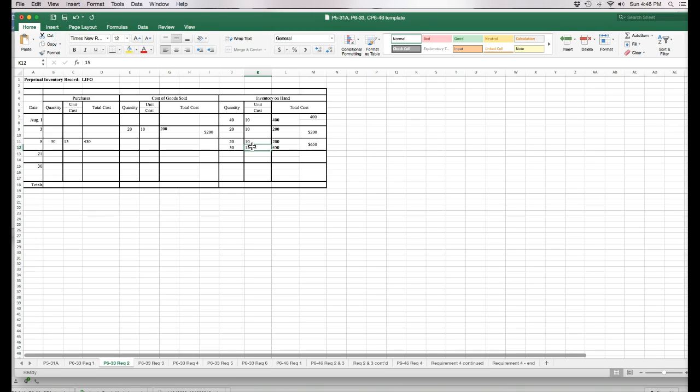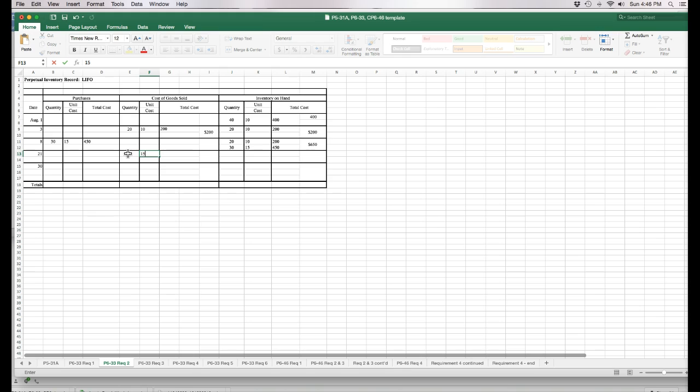But in this case, we're taking what came in last and selling those first. So we're selling 40 items altogether, but first we're going to take 30 from the last batch that came in. So we have 30 units that were sold, that we purchased at $15.